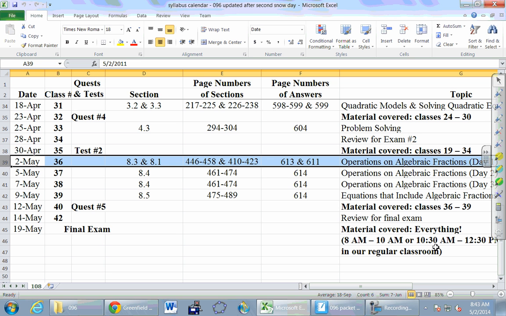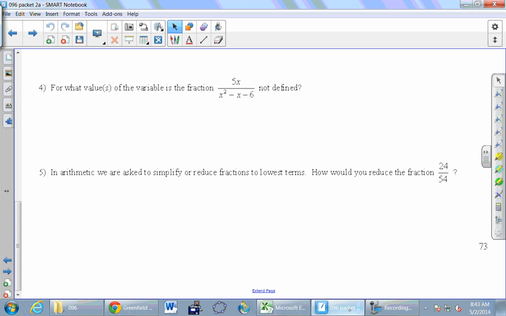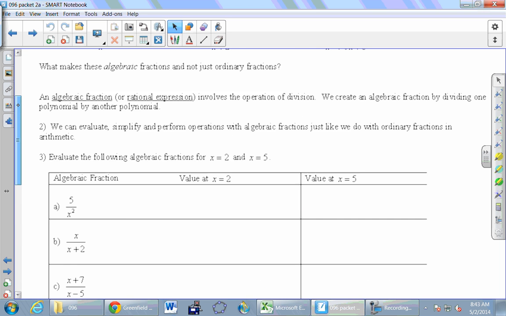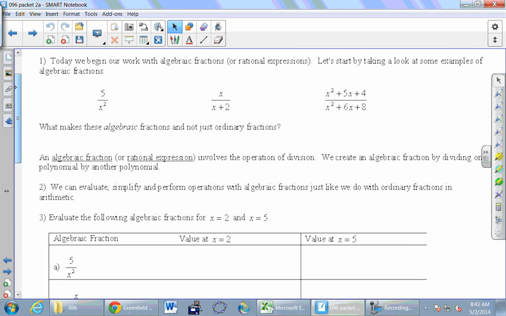Okay, so let's jump in on page 73, and we're going to run up here to the top, number 1. And it talks about this new concept called algebraic fractions. So you know the word fractions, but we've thrown this word algebraic in the front. So what does that mean? Well, here are 3 examples of algebraic fractions. If I just said name a fraction, you might say something like a half or 2/3.